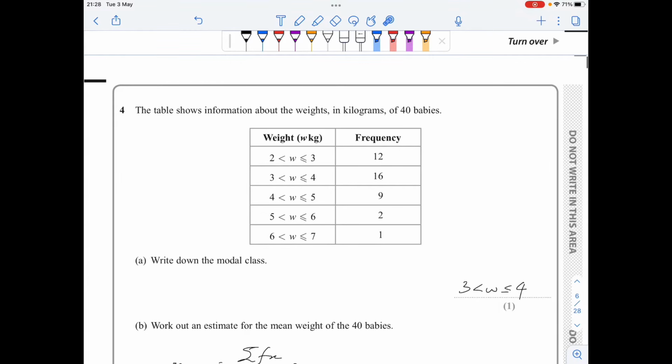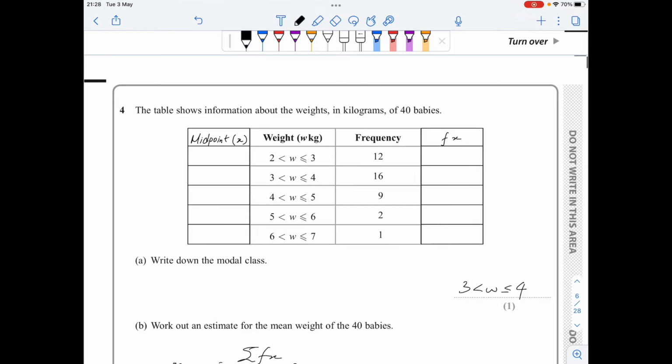So I'll need an extra column for the midpoints and an extra column for the product of the midpoints and the frequency. Now the midpoints are 2.5, 3.5, 4.5, 5.5 and 6.5, and if I do the multiplications of midpoint times frequency, I will get 30, 56, 40.5, 11 and 6.5.